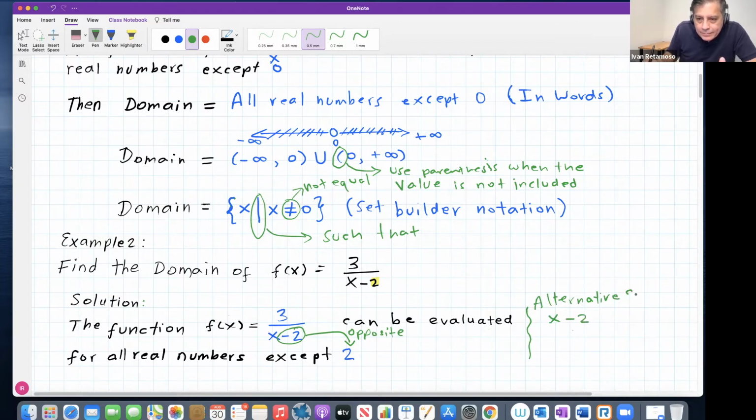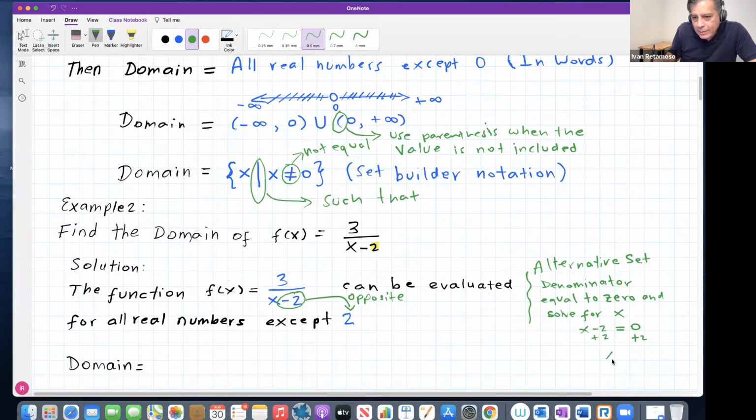Set the denominator equal to 0 and solve for x. If you do that, notice x minus 2 equals 0, right? Adding 2 to both sides of this little equation gives me x equals 2, same as this. So it's a nice alternative.